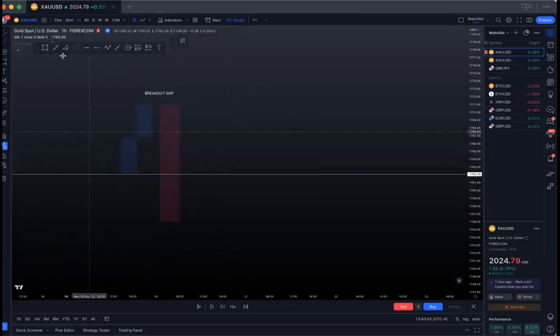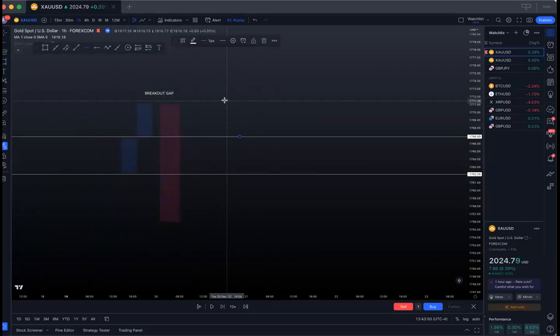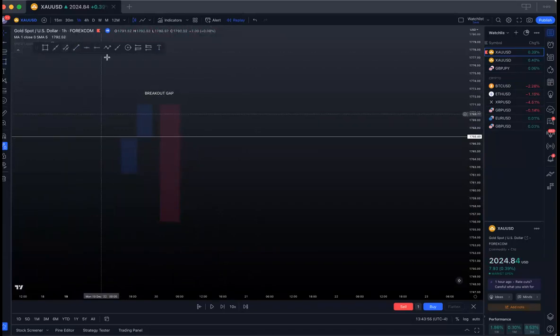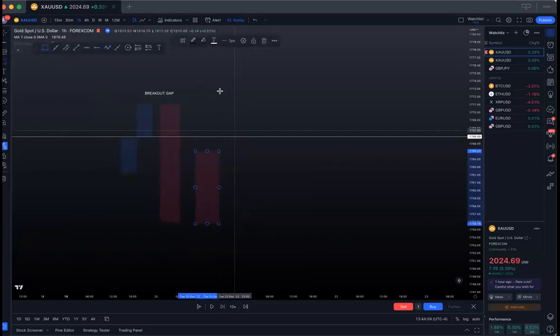This level is still a gap. It's still something that you might want to focus on when price comes up to test it. So you have this level, price comes to test it and closes bearish.